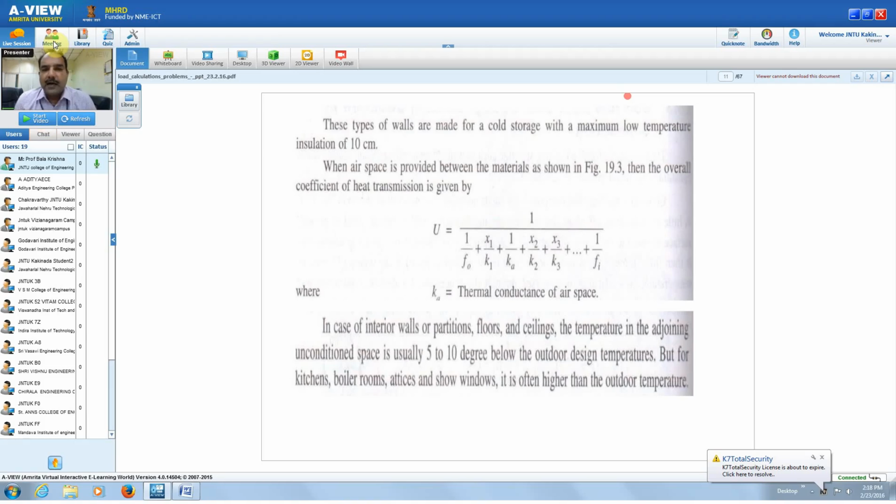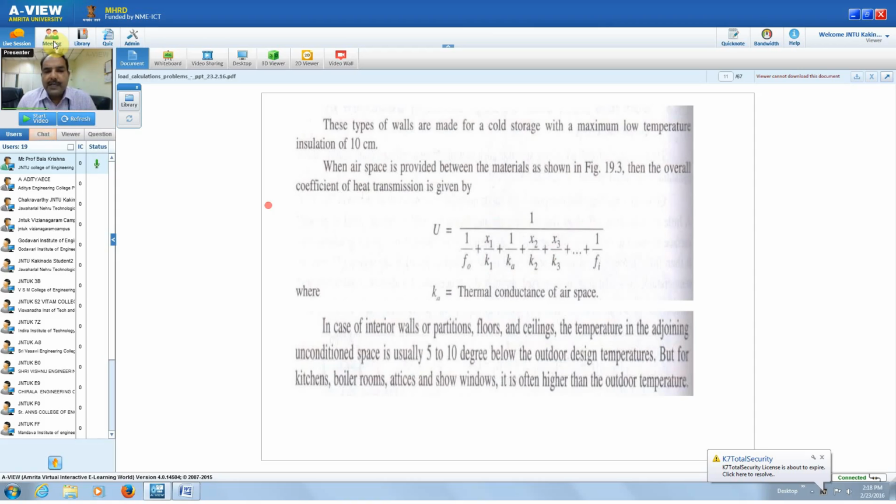These types of walls are made for a cold storage with a maximum low temperature insulation of 10 cm. When air space is provided between the materials, as shown in figure 19.3, then the overall heat transfer coefficient is given by this formula, where K is the thermal conductivity of the air.